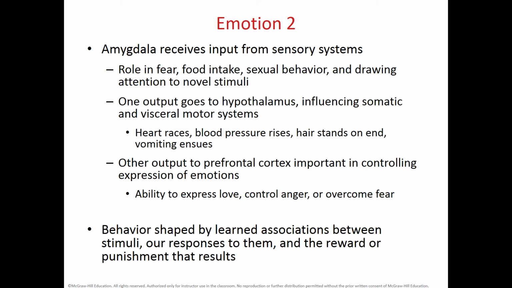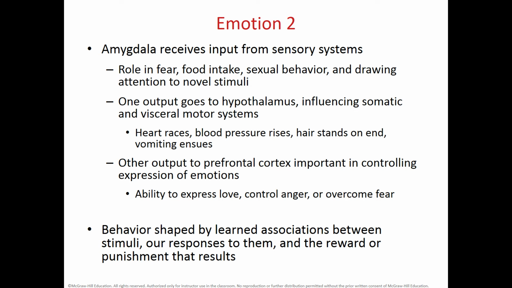The amygdala receives input information from various sensory systems, and it helps us control this sensory information that plays a role in fear, food intake, sexual behavior, and drawing attention.